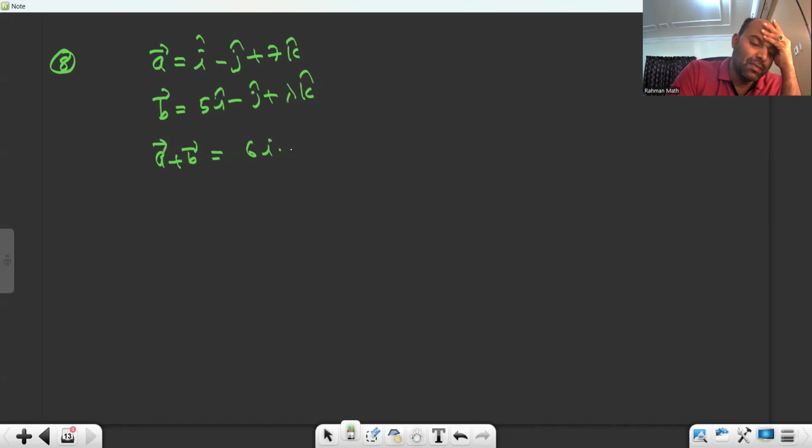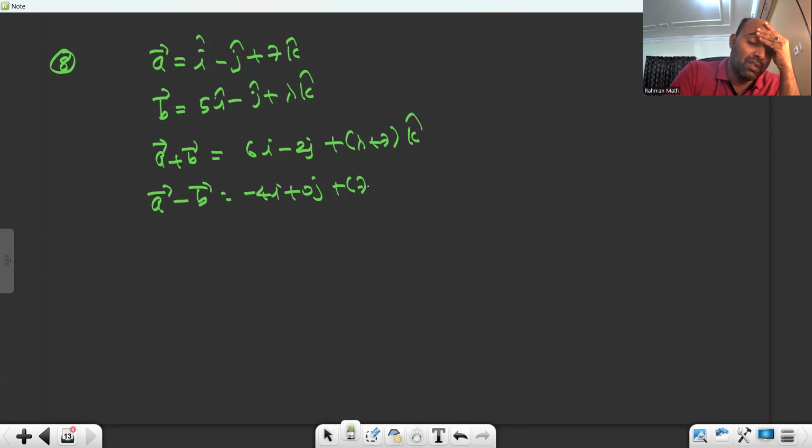A plus B is 6I minus 2J plus 7 plus lambda K. A minus B is I minus 5I, that is minus 4I, plus 0J, plus 7 minus lambda K. Here we can write 7 plus lambda, some advantage will be there.